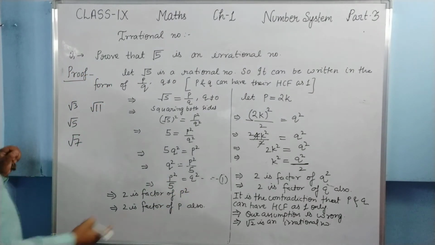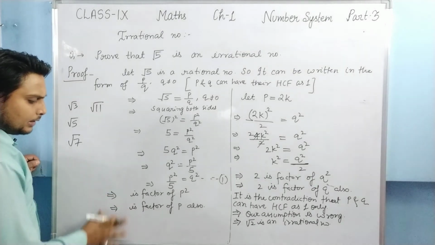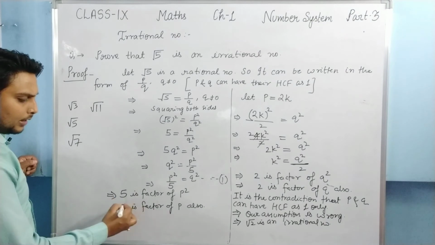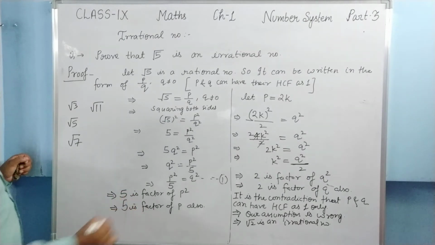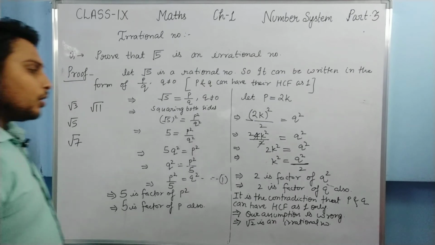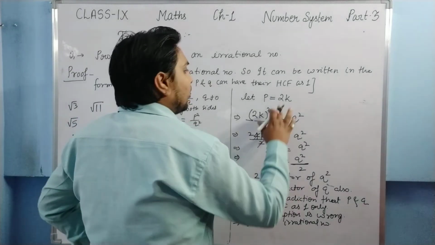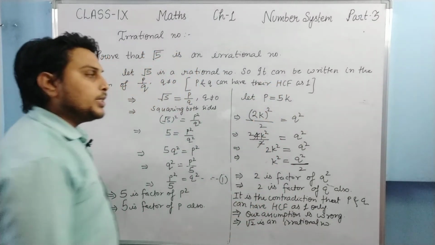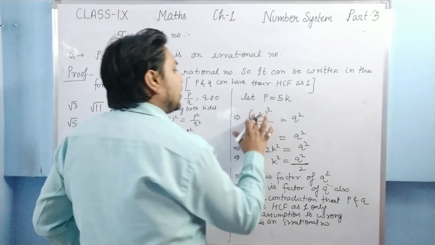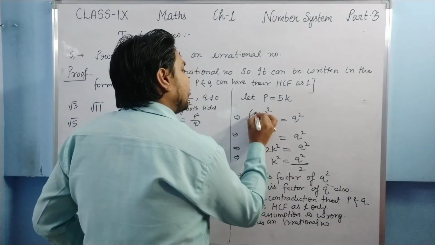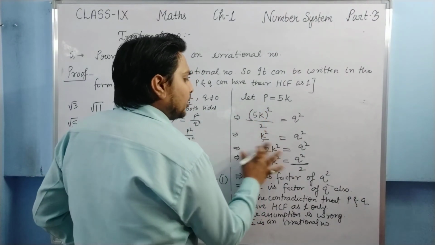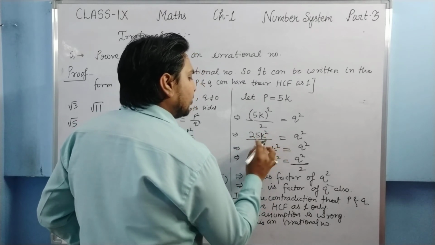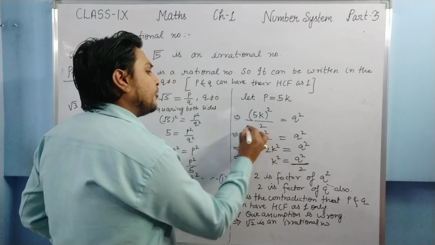As we said that 2 is the factor of p square, in that manner we will say that 5 is a factor of p square, and in the same manner we can say that 5 is a factor of p also. So if 5 is a factor of p, we can represent p in the form of 5k, that is p equal to 5k. After that we put the value of p as 5k, then it will be 25k square upon 5, which cancels 5 times.